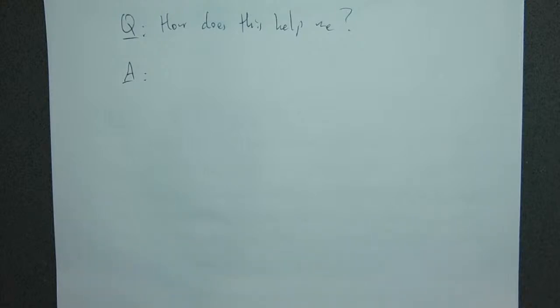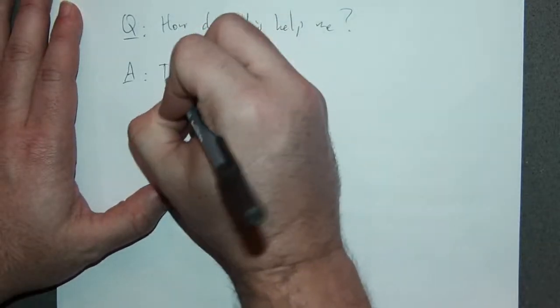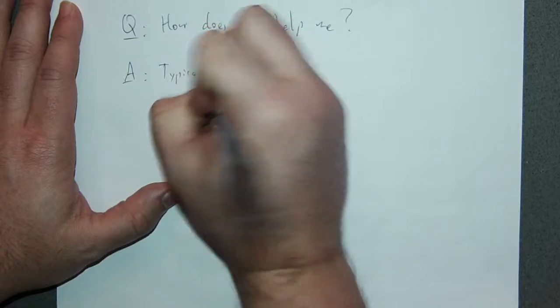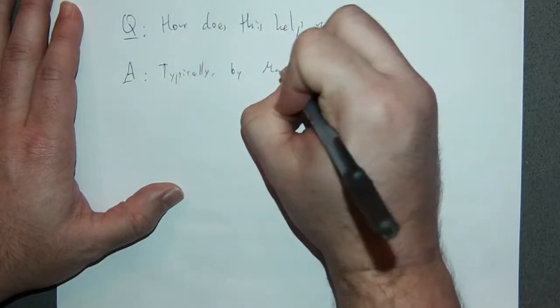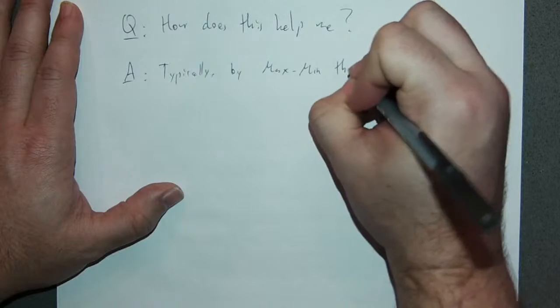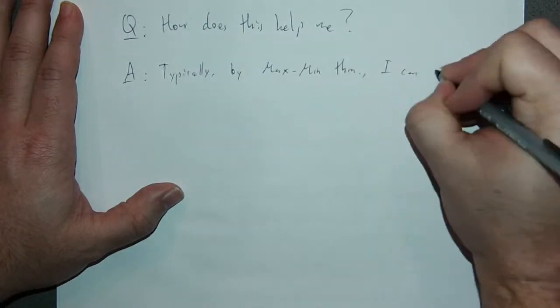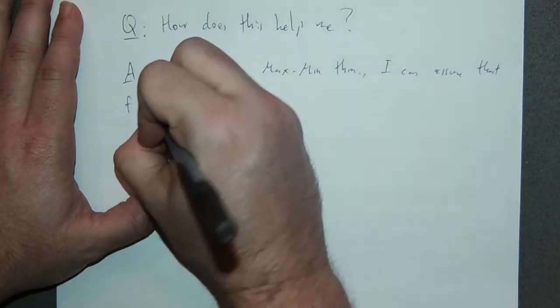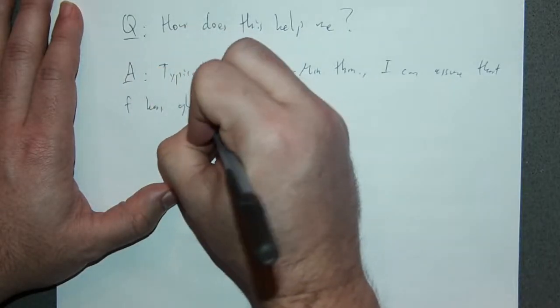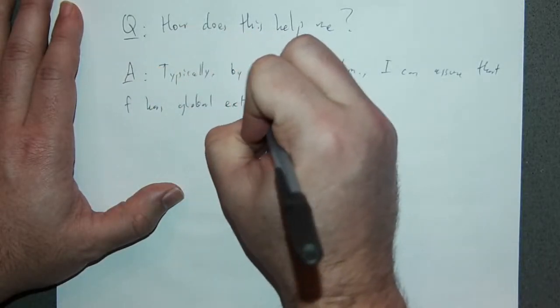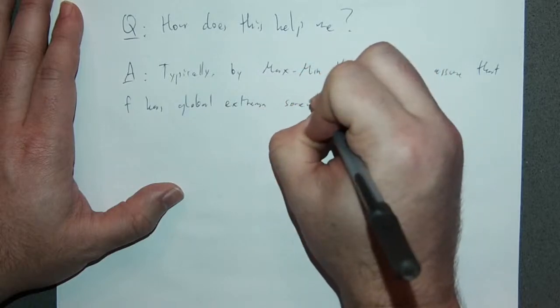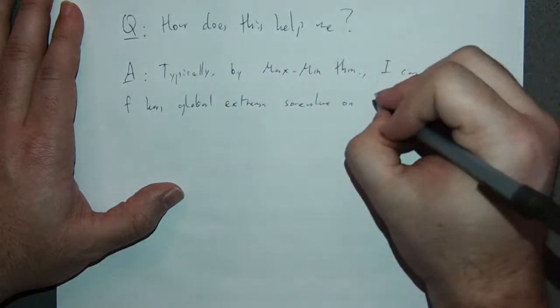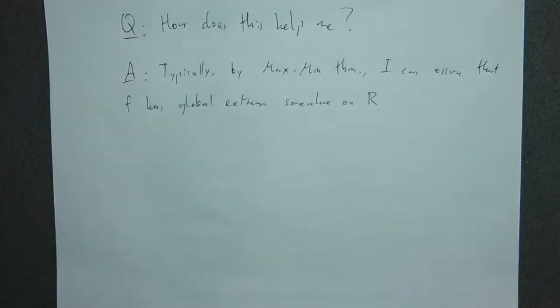So by the max-min theorem, I can assume that f has global extrema somewhere on R, which could include the boundary.